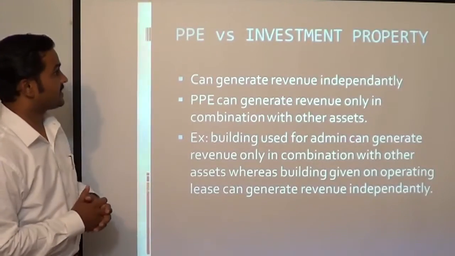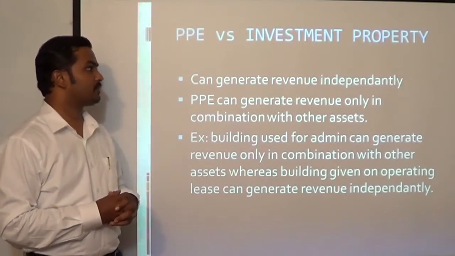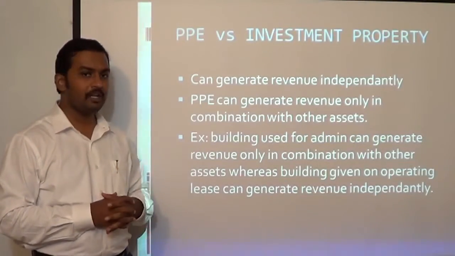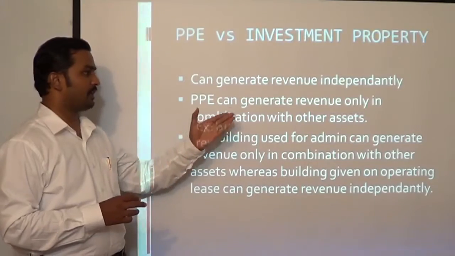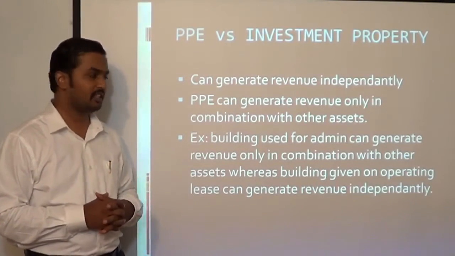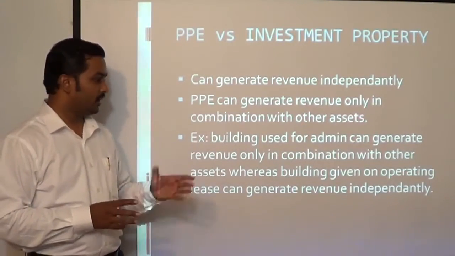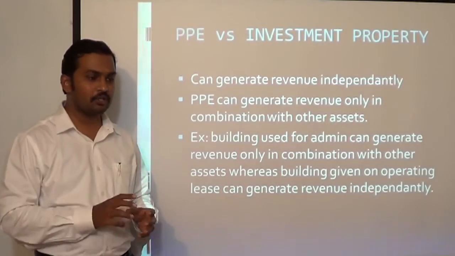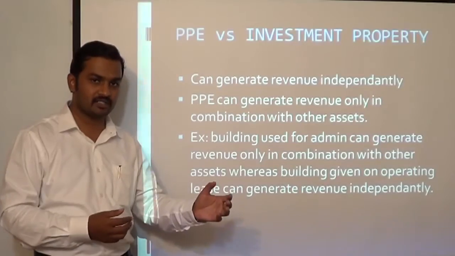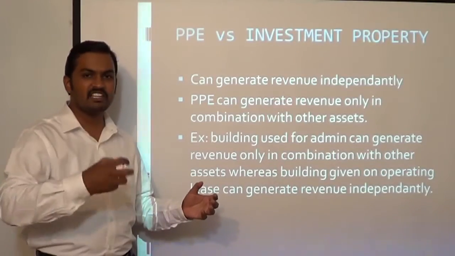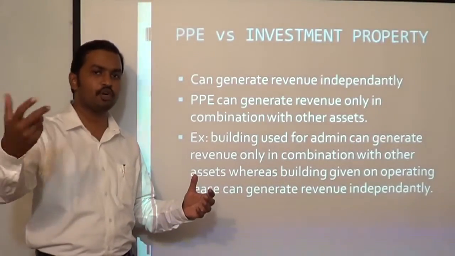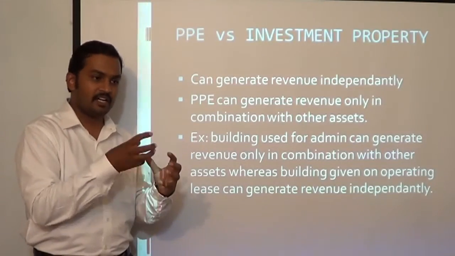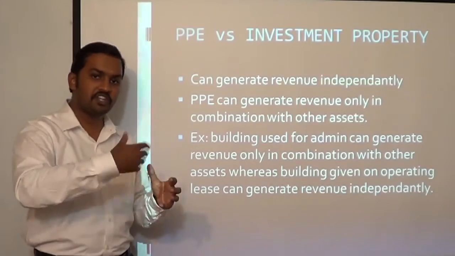Now let us compare property, plant and equipment and investment property. Investment property can generate revenue independently. Property, plant and equipment can generate revenue only in combination with other assets. I have given an example. If you have a building which is used for administration purposes, it can generate revenue only in combination with other assets. So an administrative building is incapable of generating revenue on its own. It can only participate in an activity which generates revenue.